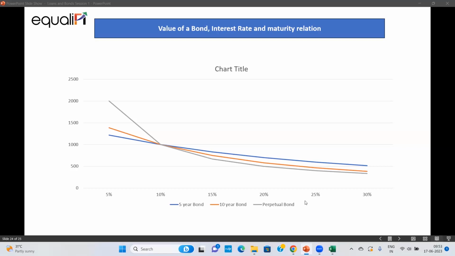Then you must be very much familiar with bonds in a much more elaborate way. No worries, Abhijit. No worries.